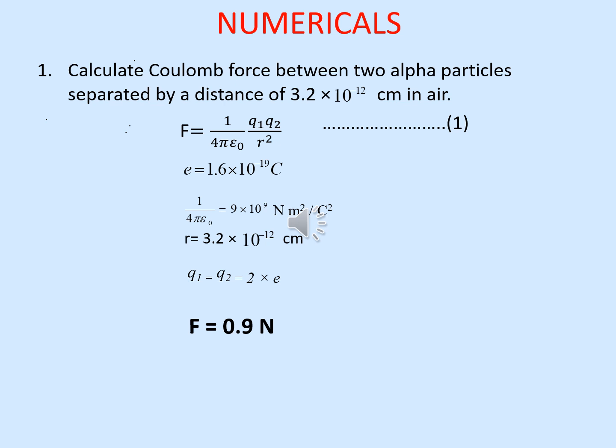The distance between them is in centimeters, so you have to convert it into meters, so that the value of r is equal to 3.2 into 10 to the power minus 14 meter. After putting all these values for the electronic charge, the constant 1 by 4 pi epsilon naught, and the distance between the two alpha particles, you get the value of Coulomb force from equation 1 as 0.9 Newton after the calculation.